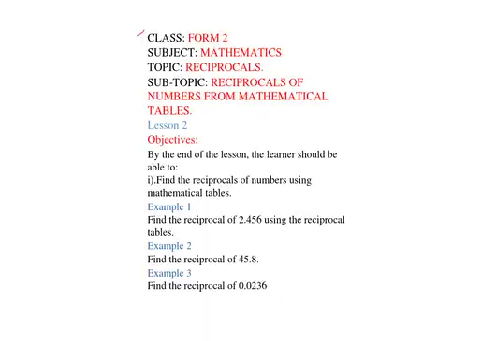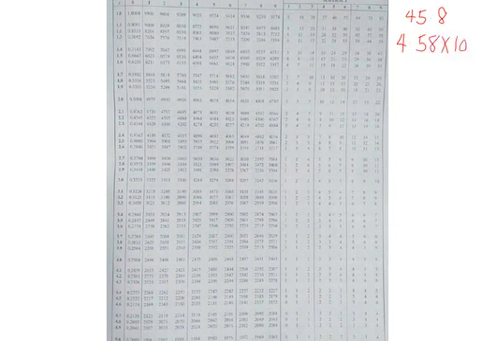Our next example, we are told to find the reciprocal of 45.8. So our number is 45.8. Again, we write it in standard form, and this becomes 4.58 multiplied by 10 power 1 because the decimal point has moved backwards once.